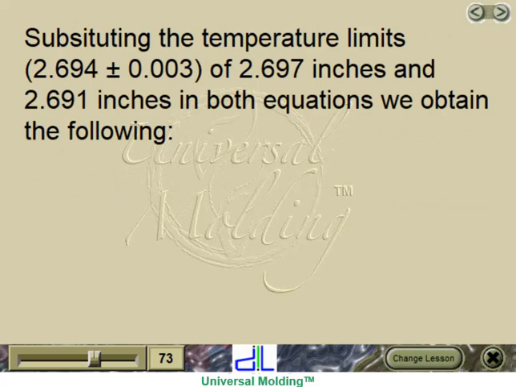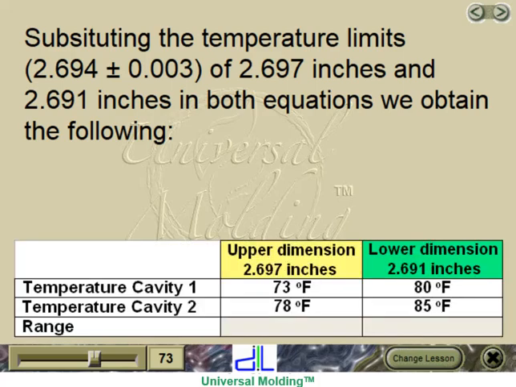Substituting the temperature limits, 2.694 plus or minus 0.003, of 2.697 inches and 2.691 inches in both equations, we obtain the following. For temperature cavity 1, the upper dimension will be 73 degrees Fahrenheit, the lower dimension will be 80 degrees Fahrenheit. Temperature cavity 2, the upper dimension will be 78 degrees Fahrenheit, and the lower dimension will be 85 degrees Fahrenheit.